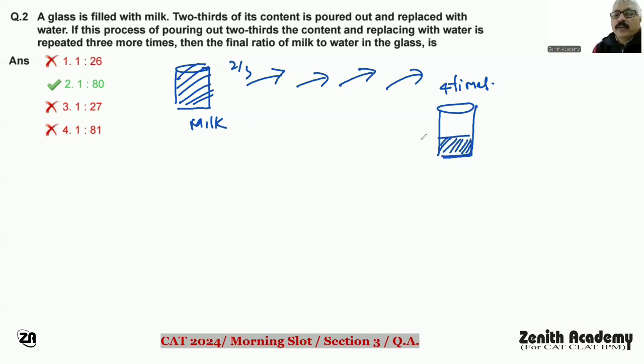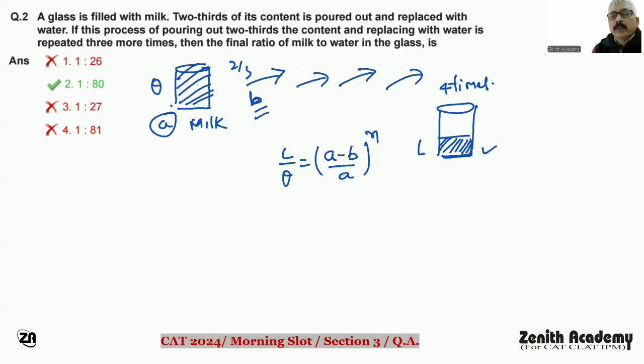So left upon original is equal to, if the original was A and the poured out quantity is B, (A minus B upon A) to the power n. The ratio of left quantity of milk to the original quantity is (A minus B) upon A. It is a very simple formula from your concept classes. So no more discussion is required.